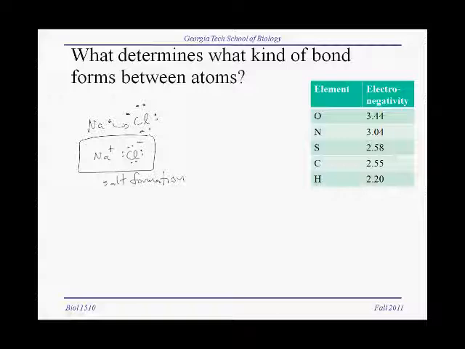So that's at one extreme. Now when 2 carbon atoms form a bond with each other, they're sharing a pair of electrons equally between them. Okay? And this is called a covalent bond. So in a covalent bond, the electrons are shared between the atoms.